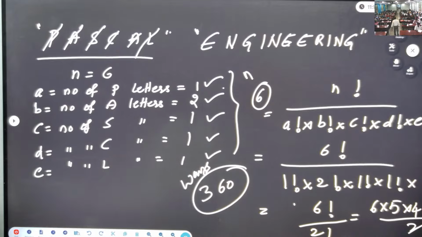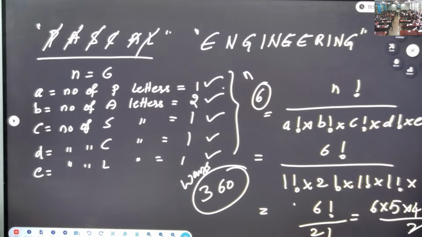C letter is G. What is the count? G count 2. Next, D letter, that is I. What is the count? 2.